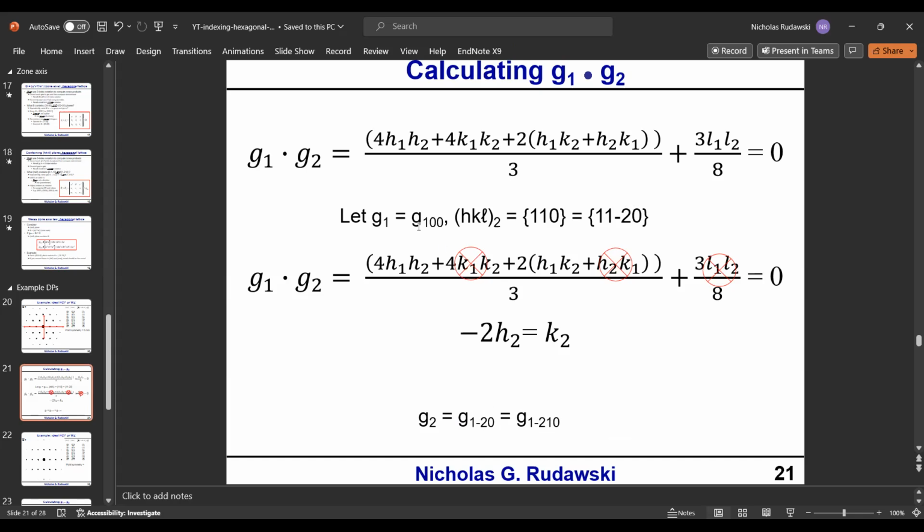Okay, so now if I convert G1 to 4 index notation as well, I end up with 1, 0, 1 bar, 0.